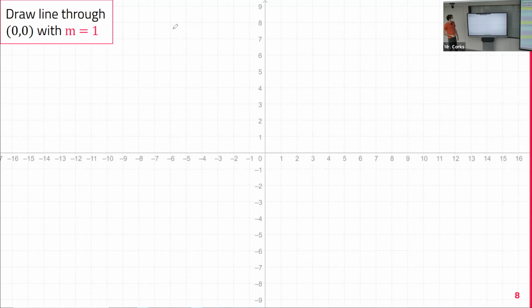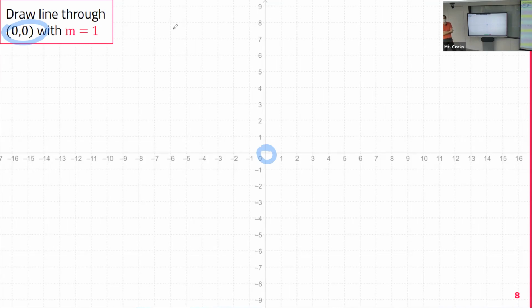So a line through our origin, right here in the middle, with slope 1. What does that line look like? It will be lying on the y-axis, right? It will not. The y-axis has an undefined slope.